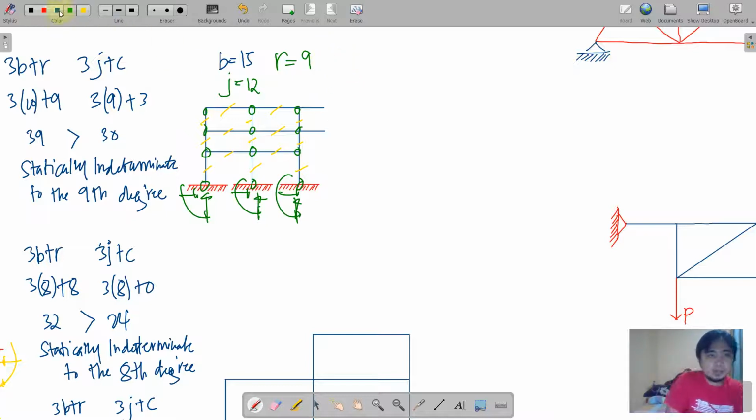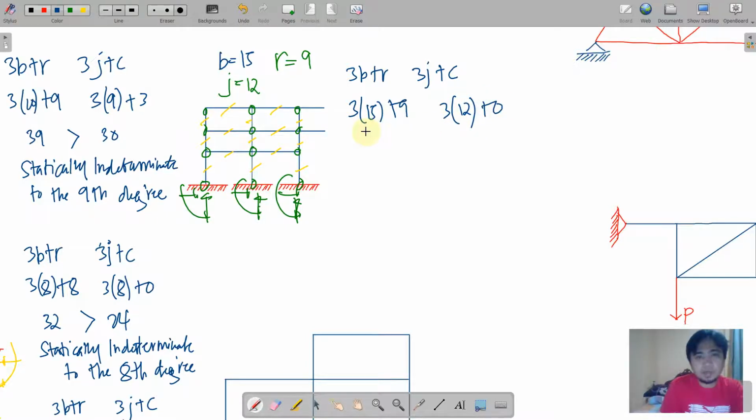Again, we use the criteria 3b plus r, 3j plus c. So 3 times 15 plus 9. Okay?